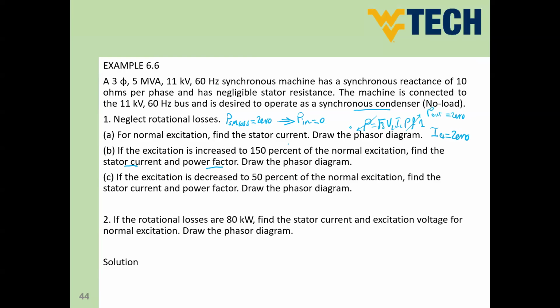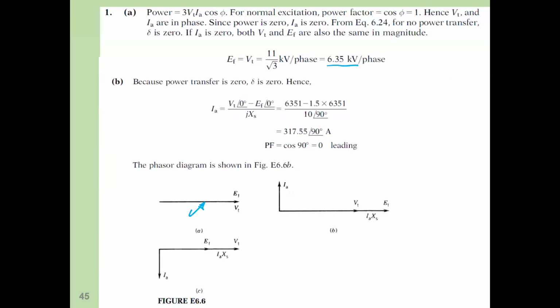So simply, guys, because we are still in the delta equals zero condition, there is no load, no losses, we can say E is at angle zero. So I equals V minus E divided by JXS. V is given, 11 kilovolts, so the phase value is 6351, minus the new value of the excitation, which is 1.5 times the old value, divided by JXS.